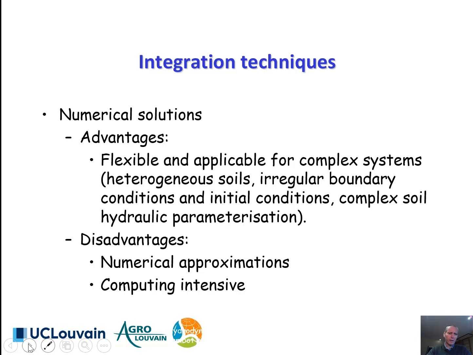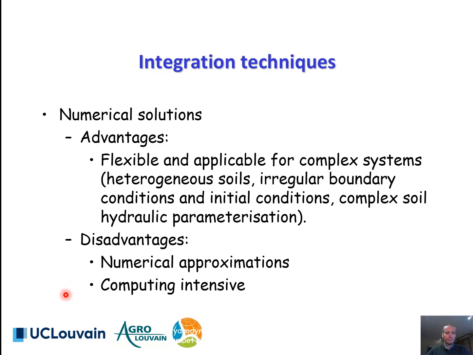But they have also a lot of disadvantages. Numerical techniques are by definition always approximations of the solutions. So therefore they are not exact and contaminated by modeling error. Numerical solutions are also very often computer intensive. So that means that computer power can become a limited aspect in the solution and in the use of the numerical solution.